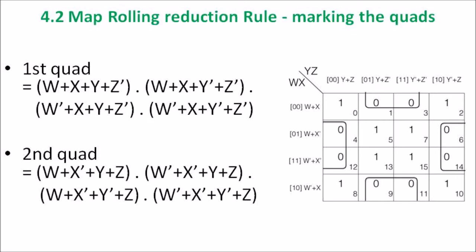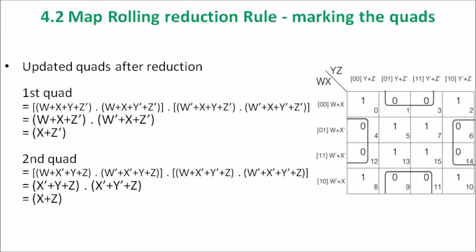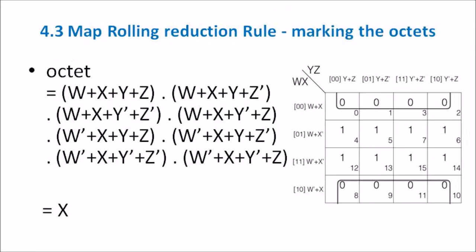Here also we can mark the second quad with M4 M12 with M6 M14. So applying the different rules, the quad after all the reduction will become x plus z dash as the first quad and x plus z as the second quad. Similarly, we can mark the octet based upon this reduction rule also.